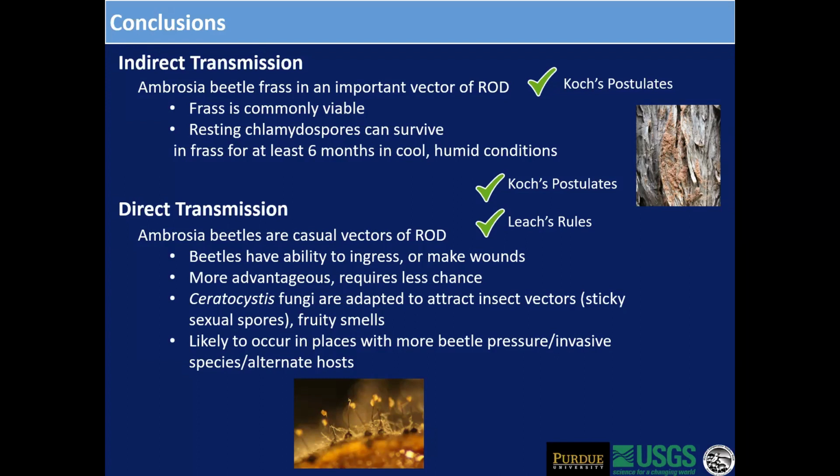Ceratocystis fungi are also adapted to attract insect vectors with their sticky sexual spores, and they also produce fruity smells, which is part of my PhD work, which I'm not talking about today. We hypothesize that direct transmission by ambrosia beetles is likely to occur in places where there are more invasive species and more alternate hosts for the ambrosia beetle species. So the trees are stressed, which would cause them to attack the trees.